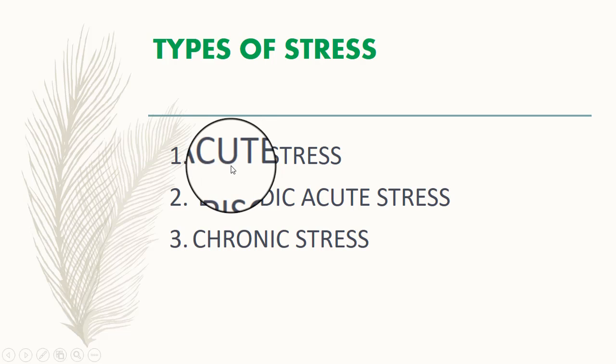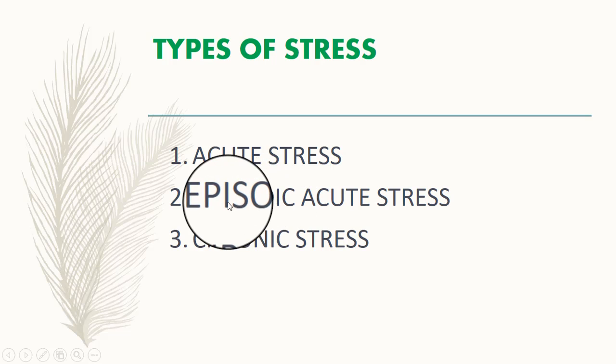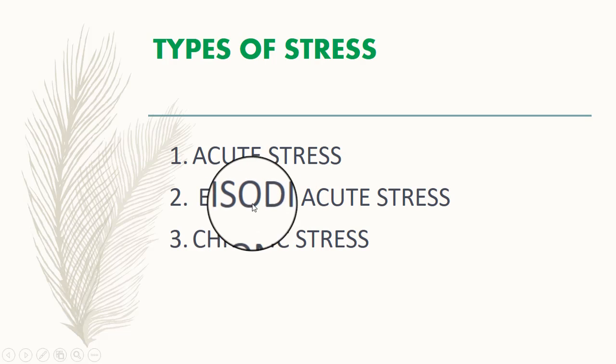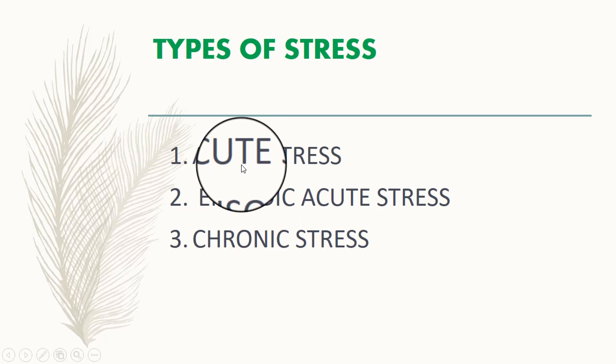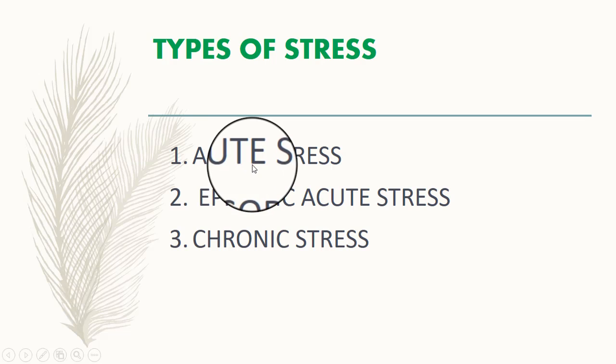This is an example of acute stress. So whenever acute stress occurs in your body, your first hormone, the fight and flight hormone, norepinephrine, will definitely be released.